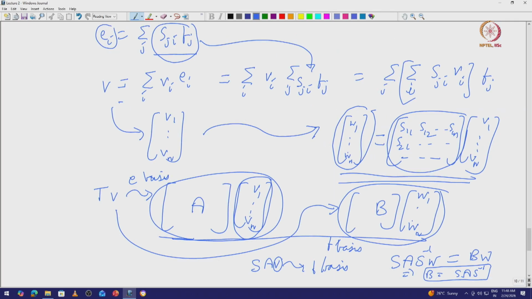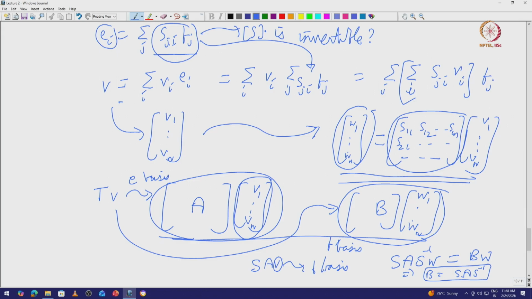What we were talking about previously, if S is a change of basis matrix, by the way, S is invertible. Why is it invertible? You can pause your video and think about it, but the point is it's invertible because you can reverse this transformation.